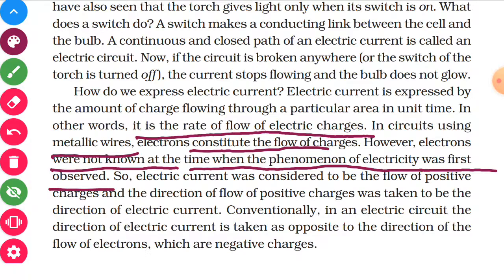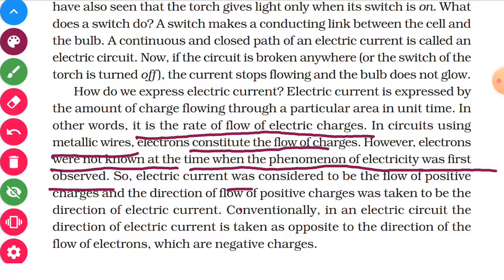Electric current was discovered earlier, but which particle constitutes the electric current was not known. Electrons were discovered after the discovery of electric current. Charges were known, but that electrons were flowing was not known.